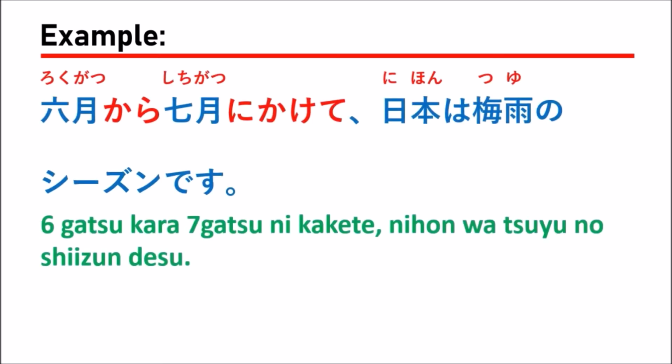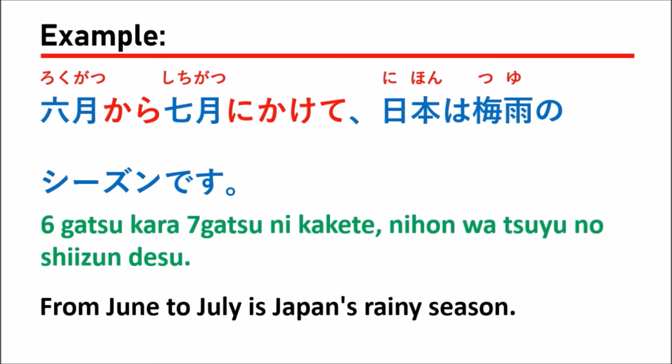The next, 6月から7月にかけて日本は梅雨のシーズンです。Which means from June to July is Japan's rainy season.